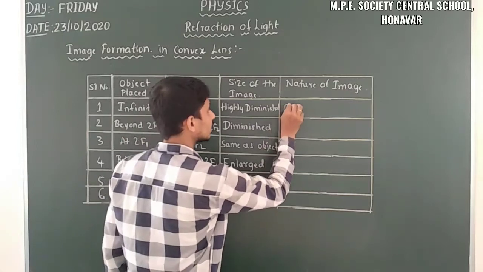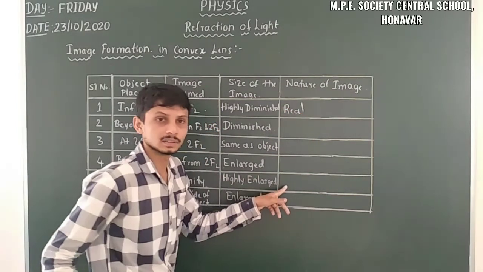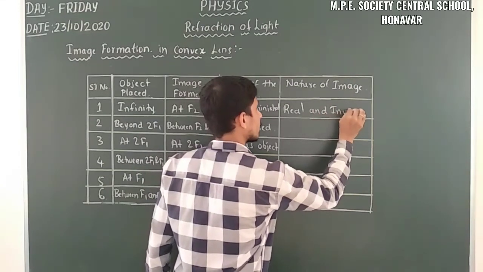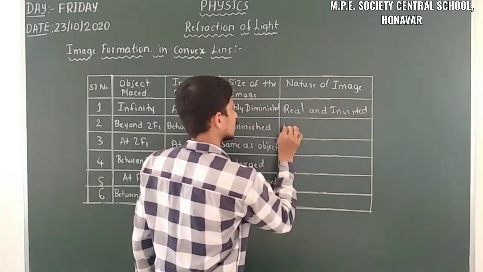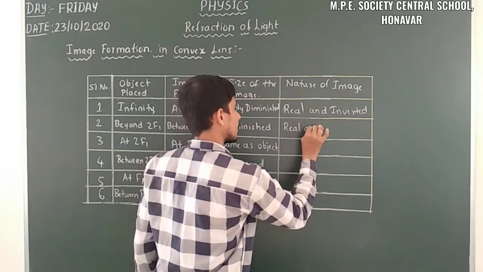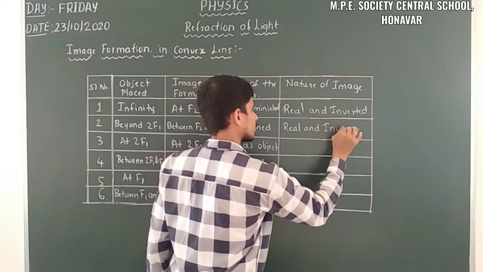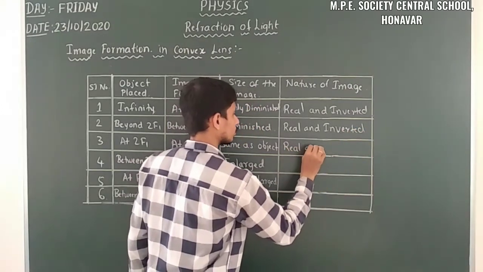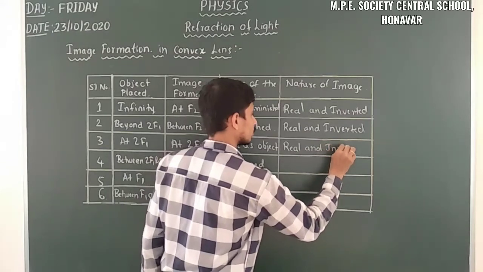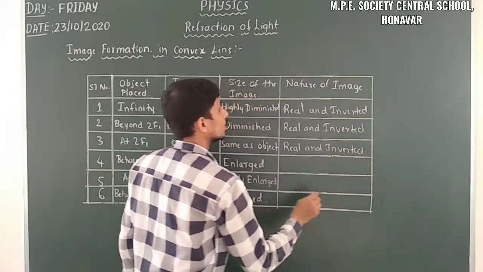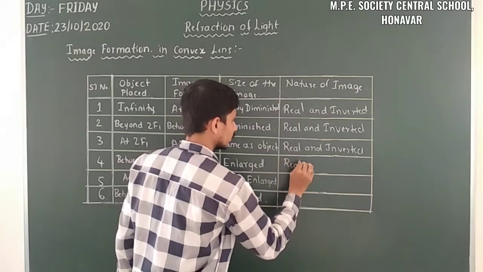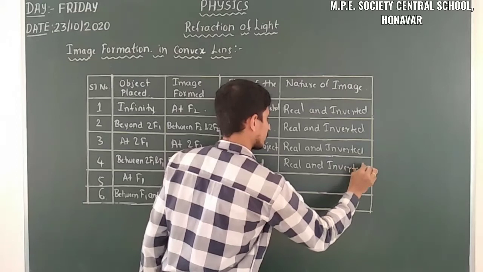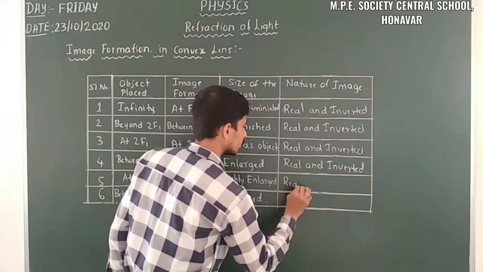Then here we have to write the nature of the image. For all the cases up to this, we have real and inverted images. Real and inverted, real and inverted.